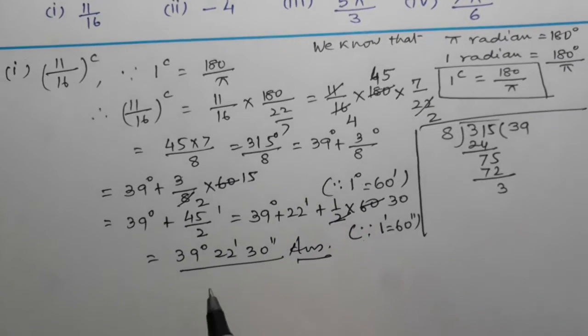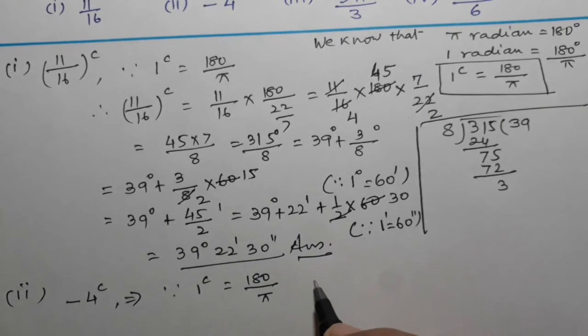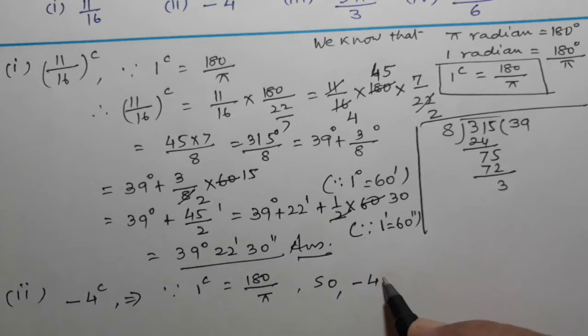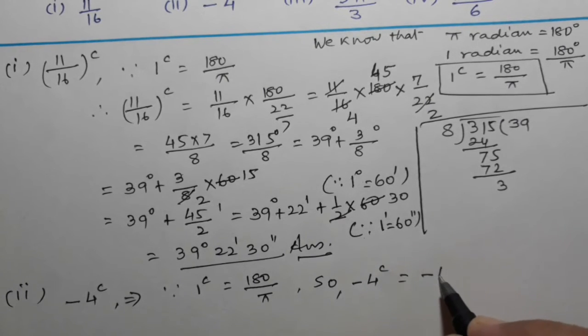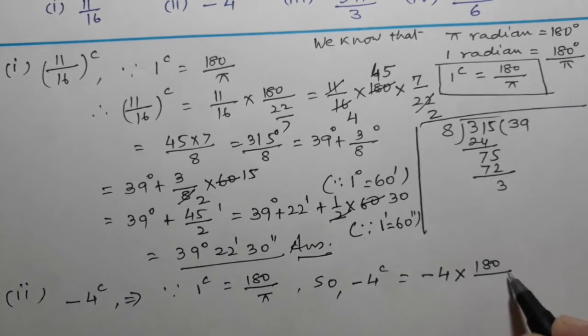Second question is minus 4 radian. Since 1 radian equal to 180 by pi, so minus 4 radian will be minus 4 into 180 by 22 by 7.